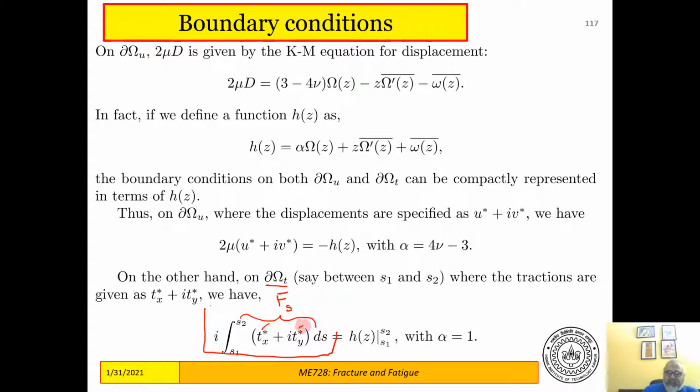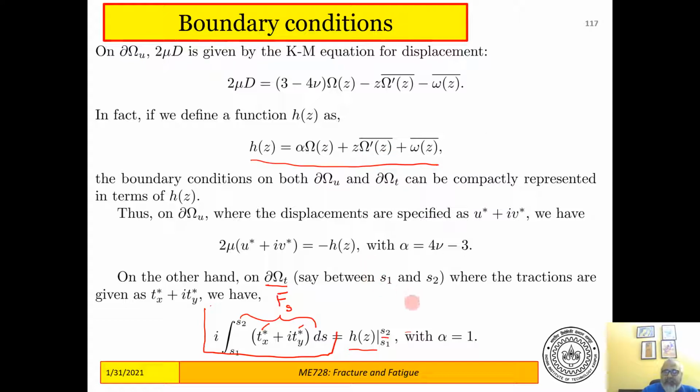T x star and T y star are specified tractions, integrated over the part of the boundary where they are applied, which gives you the total force. And i times the total force is equal to hz evaluated at S2 minus hz evaluated at S1, where hz is actually this function with alpha equal to 1. It is again a combination of these two potentials that we are supposed to find.